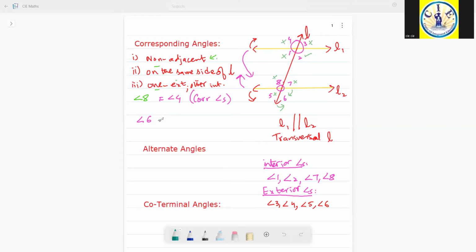So we can say that angle 6 is equal to angle 2 because of the corresponding angles. So these were the two examples of corresponding angles. Let's define and label the corresponding angles to the other angles.